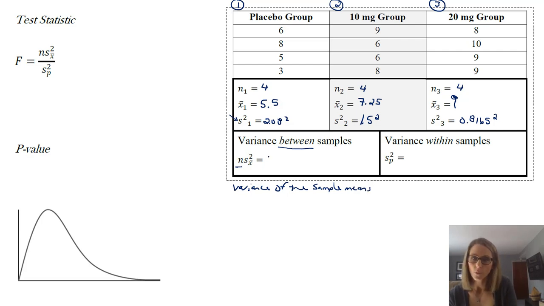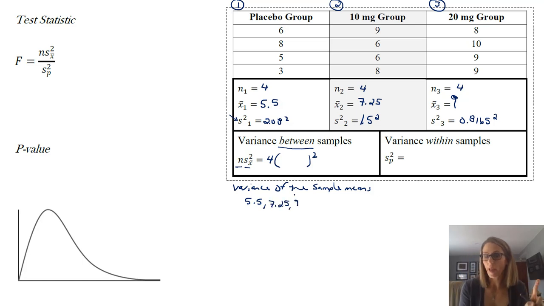So 4 is our sample size, and then this number here is the variance of the sample means. If you put 5.5, 7.25, and 9 into a list, and found the variance of it, well, technically you'd find the standard deviation and then square it to get the variance, you should get 1.75.